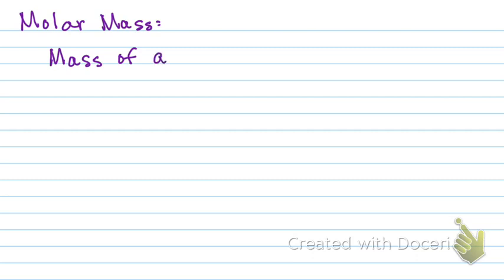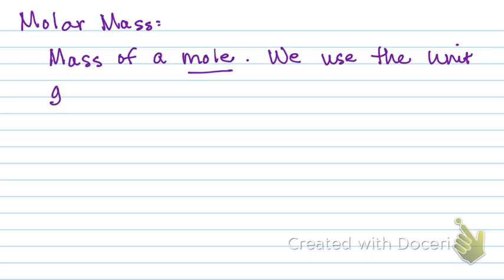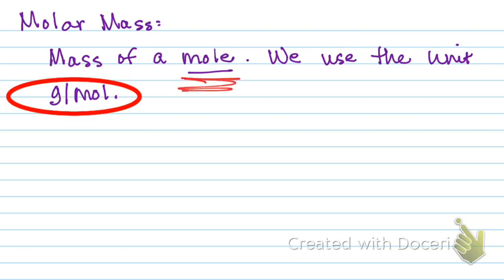The mass of a mole, okay, we use the unit grams per mole, okay? That makes sense, right? So molar mass, the unit, is grams per mole. Units grams per mole, and it's equal to the mass of a mole. Okay.